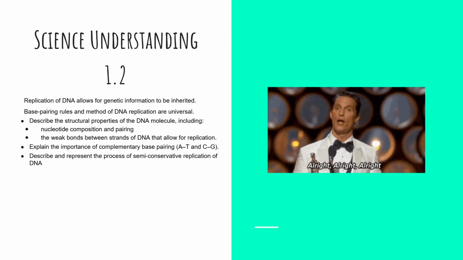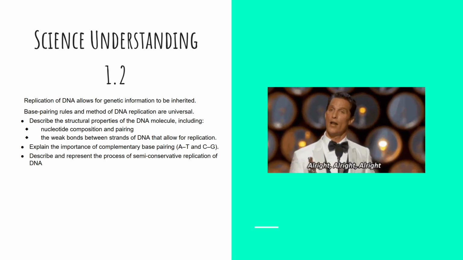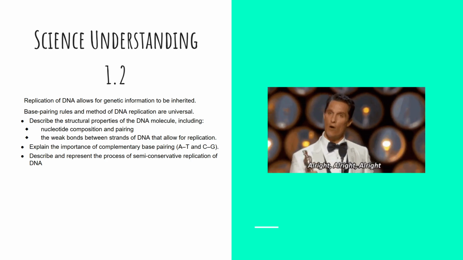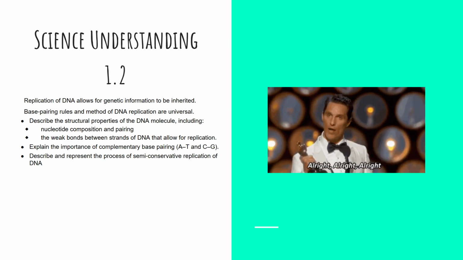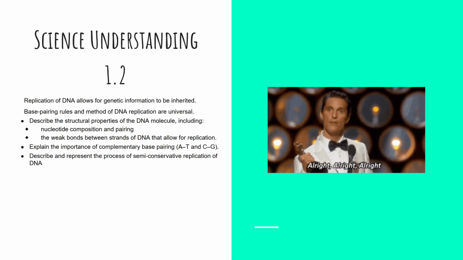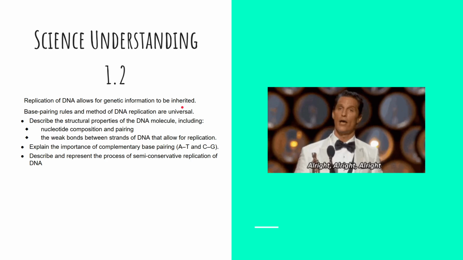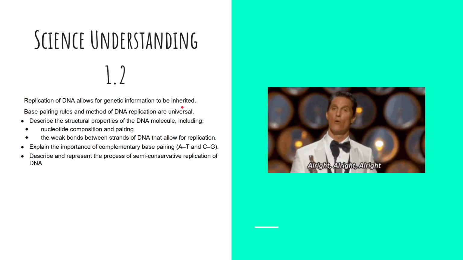So as always, we have our science understanding at the beginning of the video, using this as a checklist so that by the end of the video we should be able to tick off each of these in accordance with our subject outline. So replication of DNA allows for genetic information to be inherited. Base pairing rules and method of DNA replication are universal, whether that be prokaryote or eukaryote.